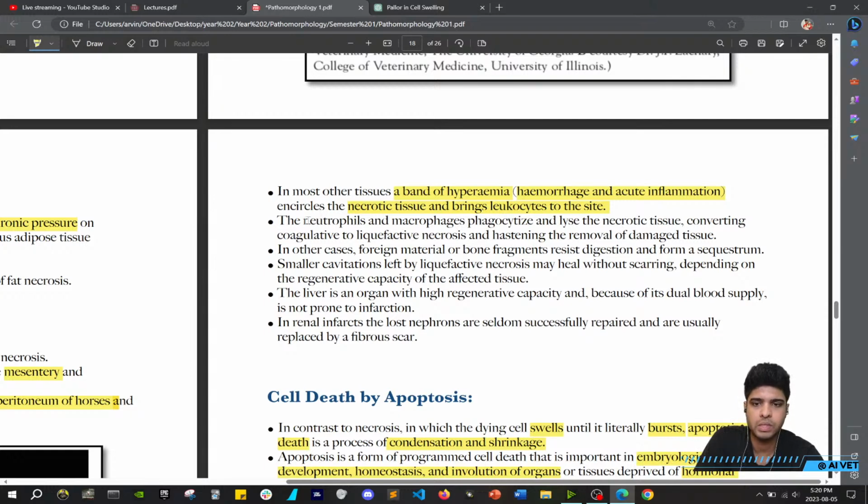The neutrophils and macrophages phagocytize and lyse the necrotic tissue, converting coagulative to liquefactive necrosis and hastening the removal of damaged tissue.